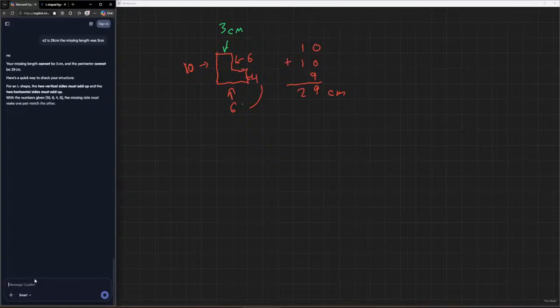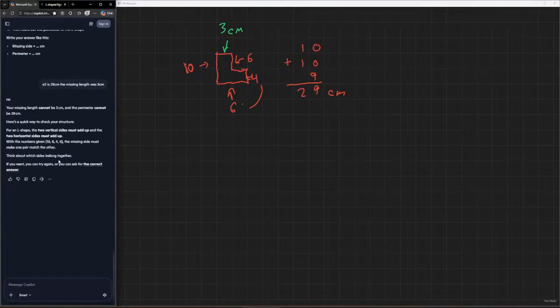If this is not. Two vertical sides. Ten, 6, 4, 6.